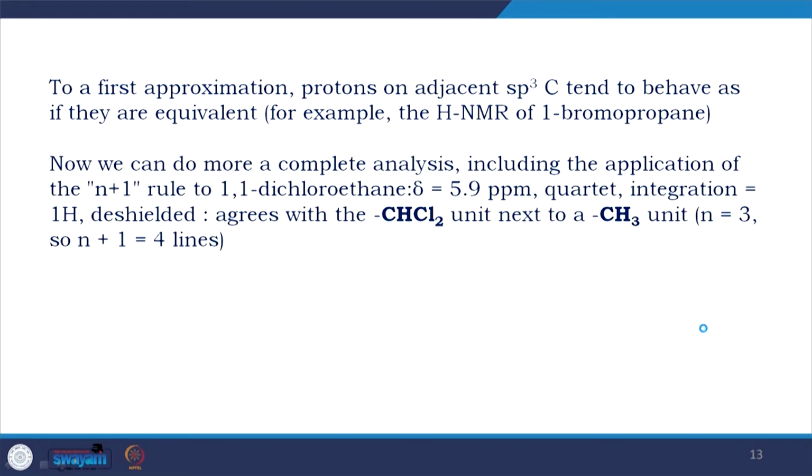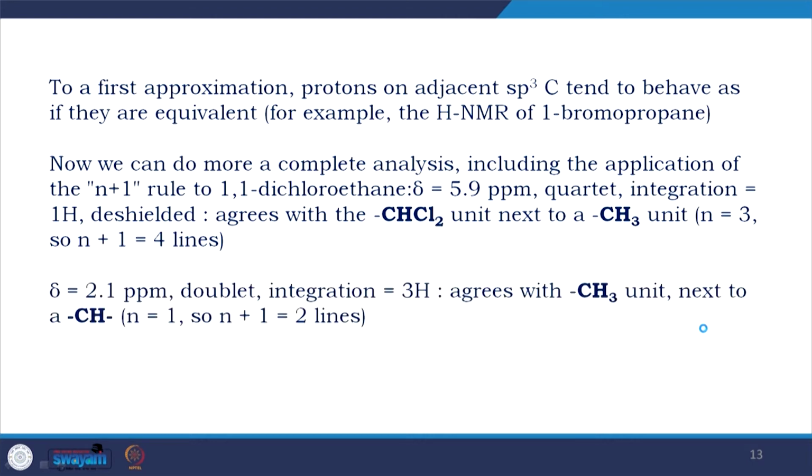Now, we can do a more complete analysis, including the application of the n plus 1 rule, coming to 1,1-dichloroethane. Delta equal to 5.9 ppm, quartet, integration equal to 1 H, agrees with the CHCl2 unit next to a CH3 unit, n equal to 3. So n plus 1 equal to 4 lines.